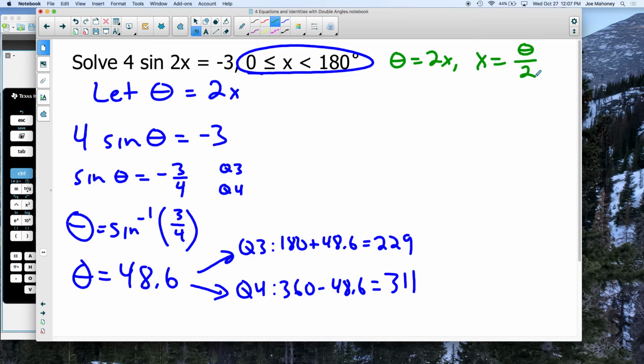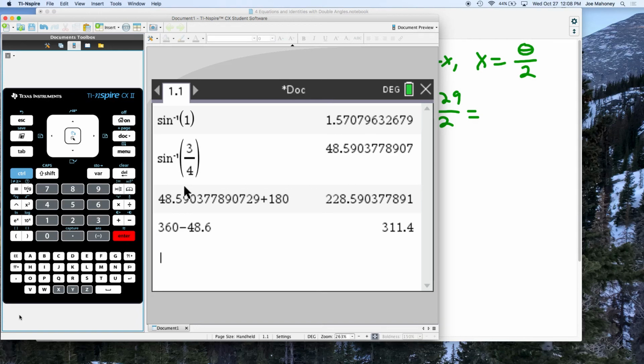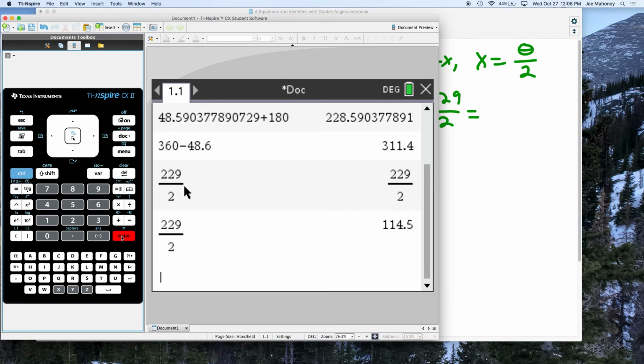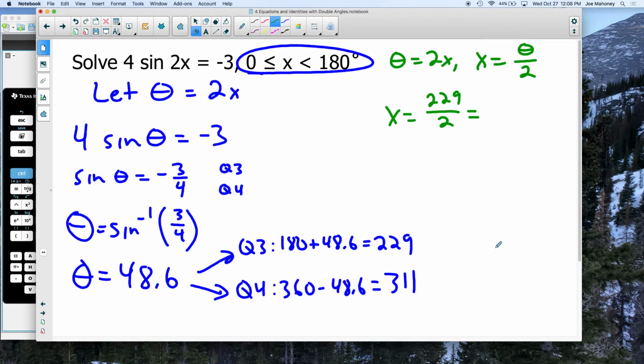So my values for x are going to be 229 over 2. If I divide 229 by 2, I could probably do that in my head, but I've got a calculator. So let's divide it by 2. 114.5. So to 3 significant figures, let's call that one 115.